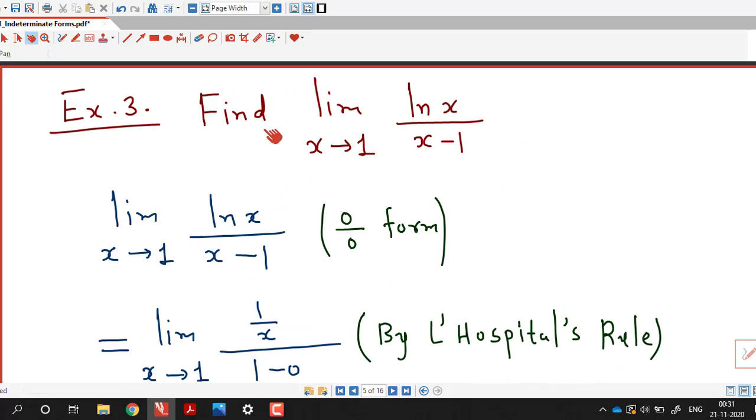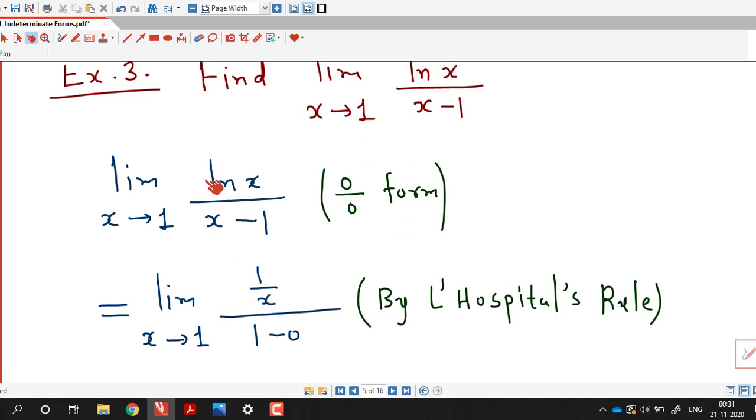Next example, find limit of log x over x minus 1 as x approaching 1. So if we substitute x equal to 1 directly, we have log 1 which is 0 and 1 minus 1 is 0. So this is also 0 by 0 form.